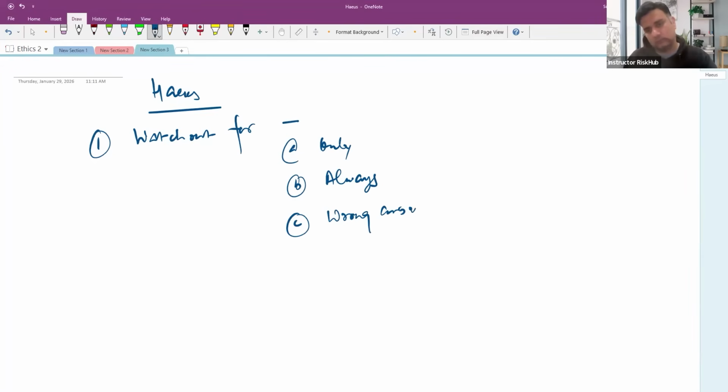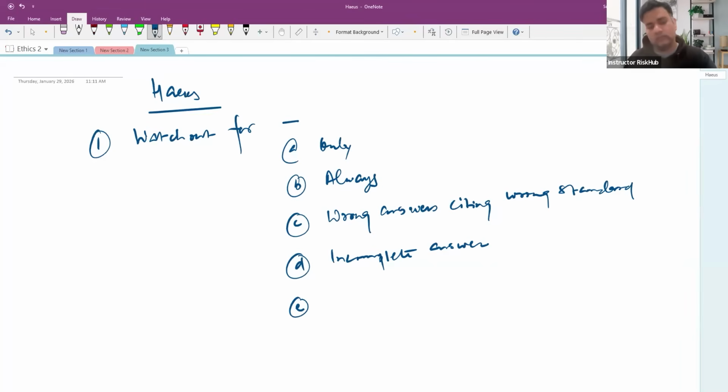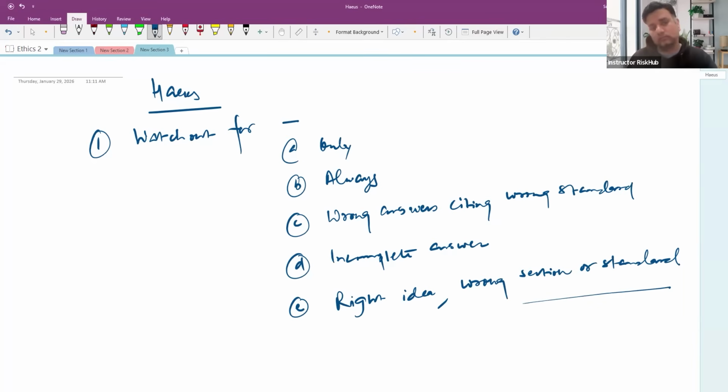Wrong answers cite the wrong standard, or give an incomplete answer, or the idea is right but the section or standard is wrong. These are the hacks.